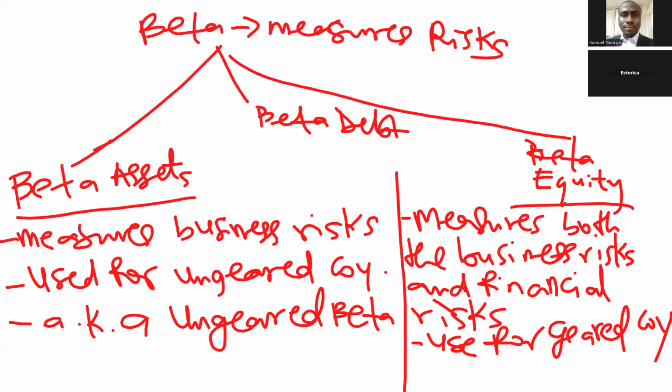Ungeared means they don't have debt in their capital. It is also known as geared beta. Okay, so these are the differences. Beta debt measures risk associated with debt. We won't always emphasise it, but let us move on.